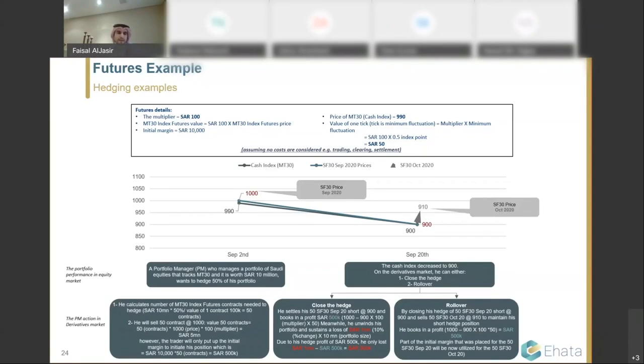So this is a simple case of hedging, and I just had a brief light on basically a little bit more on the hedging angle. So what if the hedger is trying to utilize this instrument SF30 to hedge his portfolio of assets that are not exactly matching the components of the MT30?